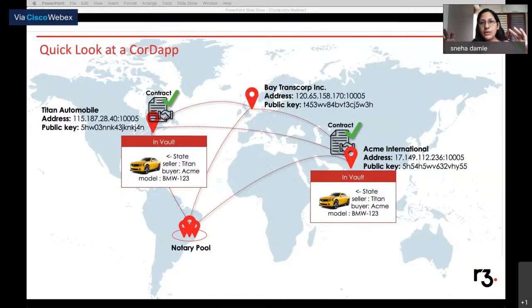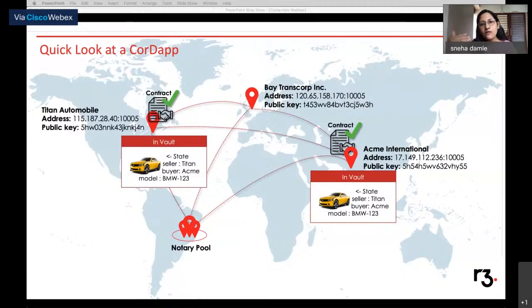This completely signed transaction will now be sent to the notary to check for double spend. If there is no double spend, then the notary will simply sign this transaction, and this information will get saved in both Titan's and Acme's database.